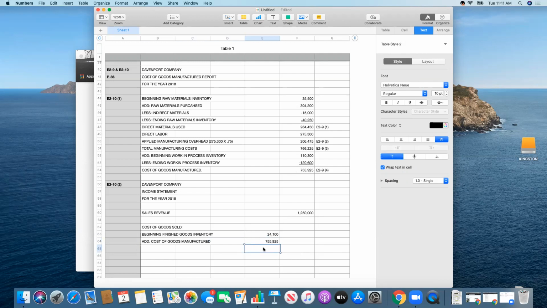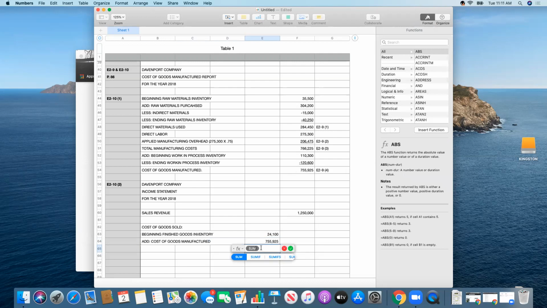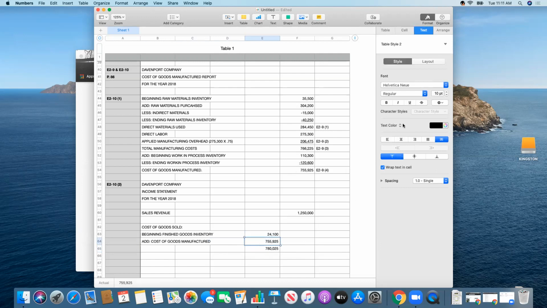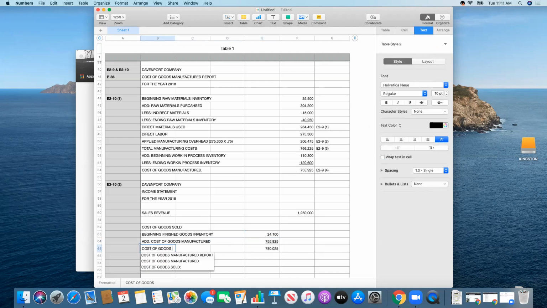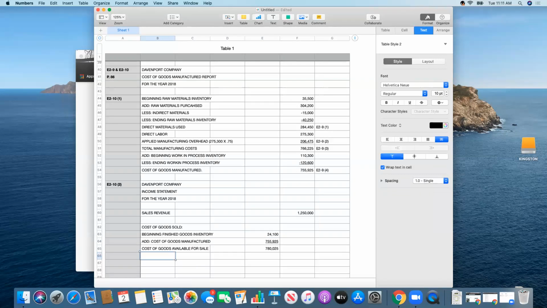Now, if we add those two amounts, that gives you something we call the cost of goods available for sale, right? Cost of goods available for sale. And then subtract ending finished goods inventory.